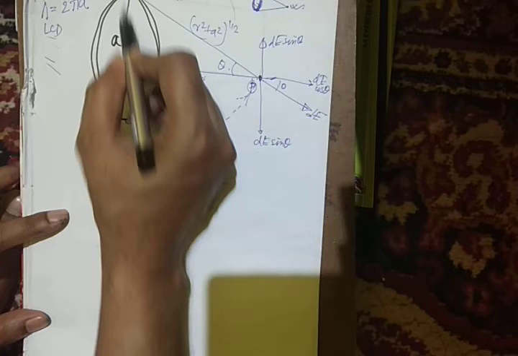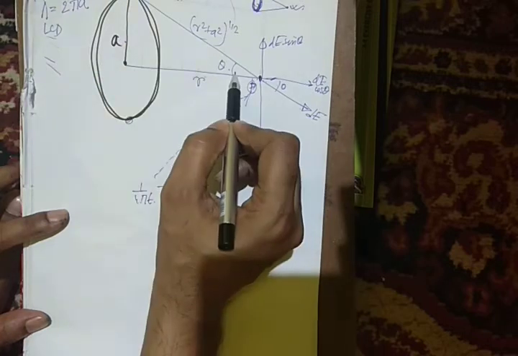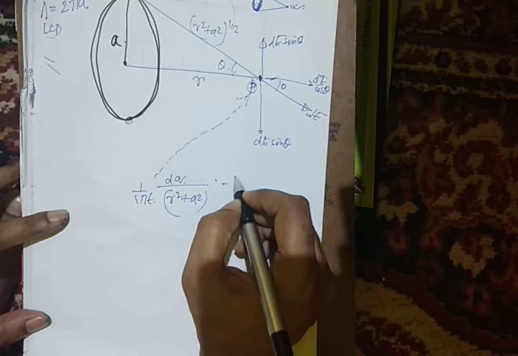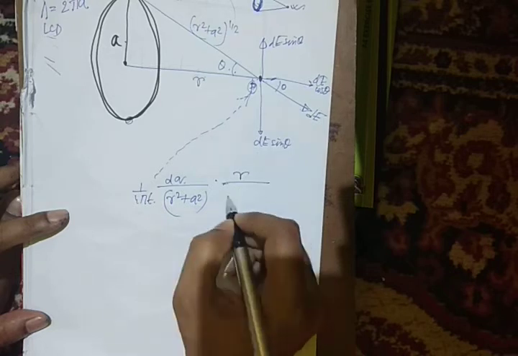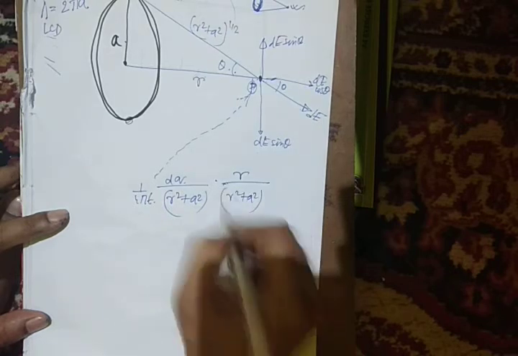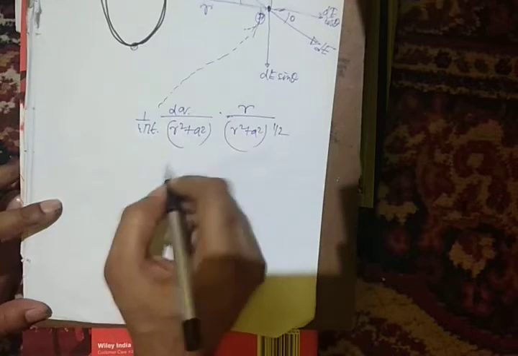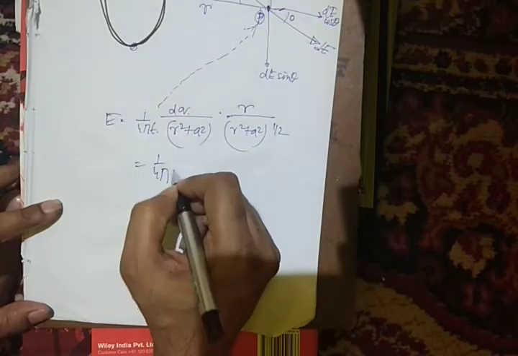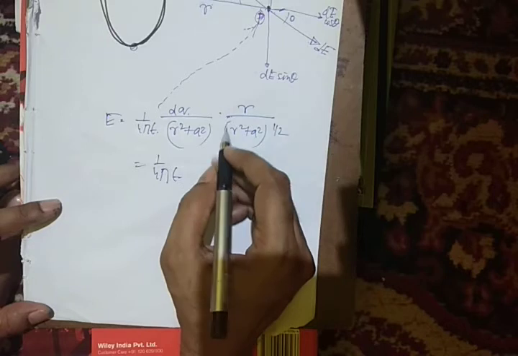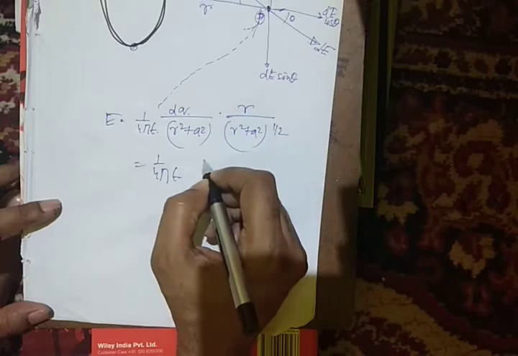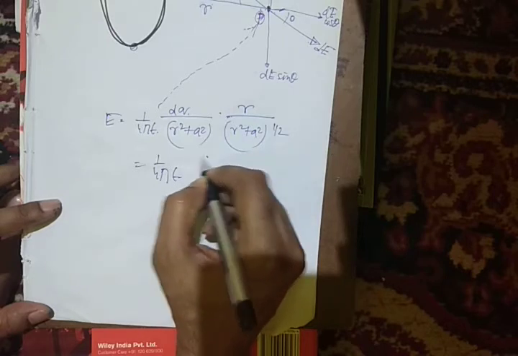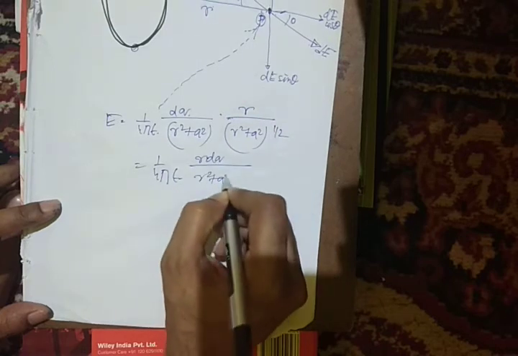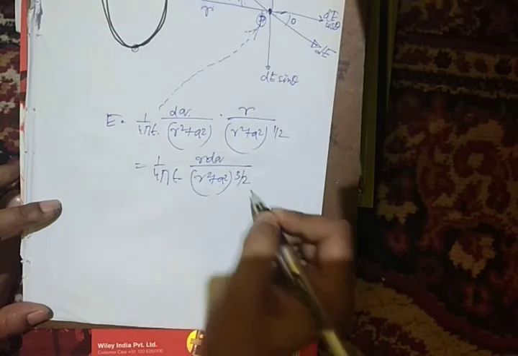Cos theta is base by height, so cos theta is r by r square plus a square to the power half, so 1 by 4 pi epsilon naught r dq by r square plus a square to the power 3 by 2.